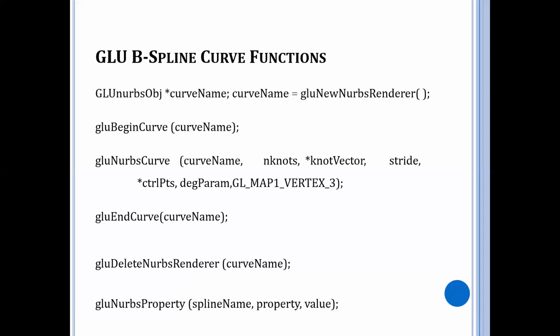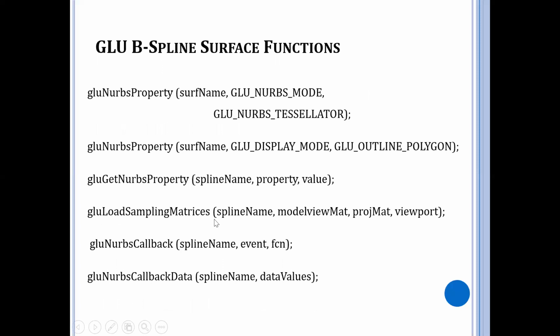However, a variety of B-spline rendering options can also be selected with repeated calls to the following GLU function, that is, the NURBS property. Next, we have the B-spline surface functions.